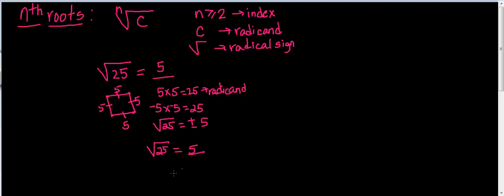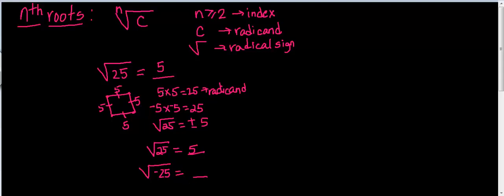Okay? Now, what happens if I have the square root of negative 25? If I want to find out the answer, I would have to think of a number that when I multiply by itself, or by that same number, I get negative 25.